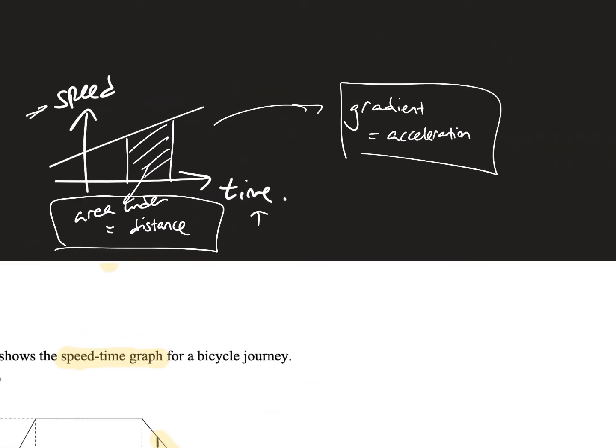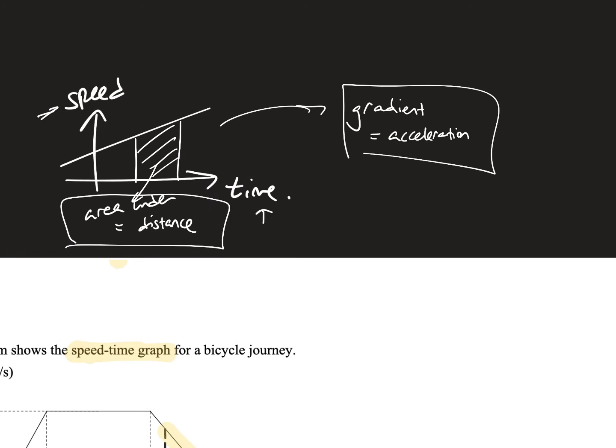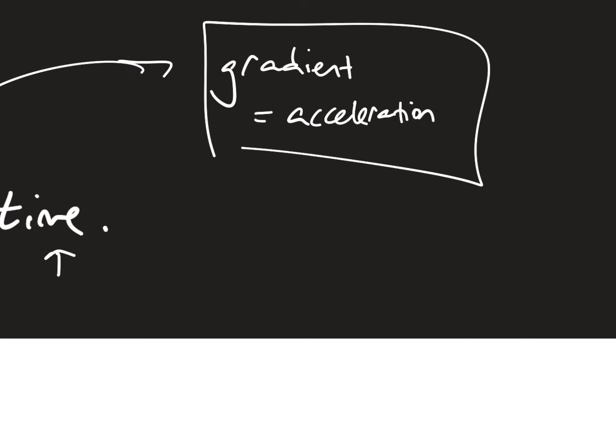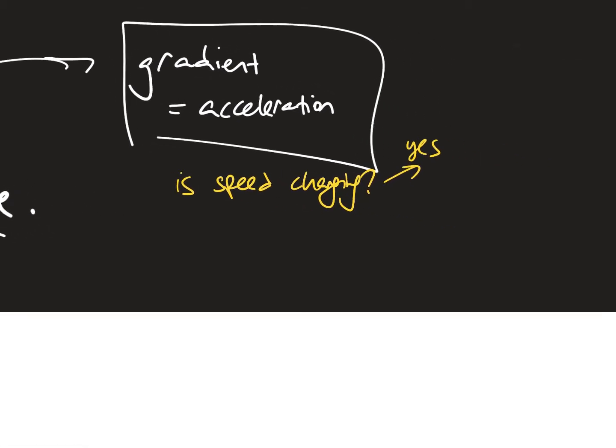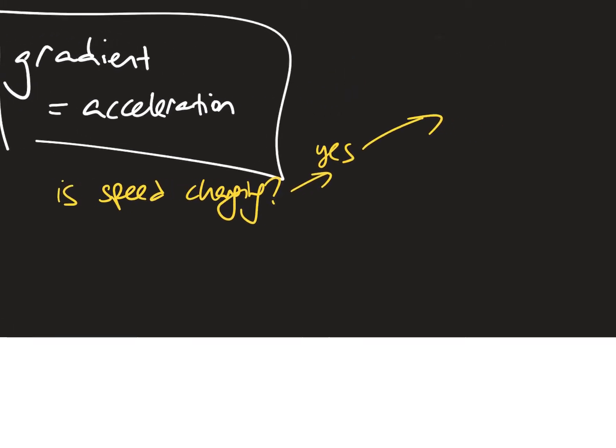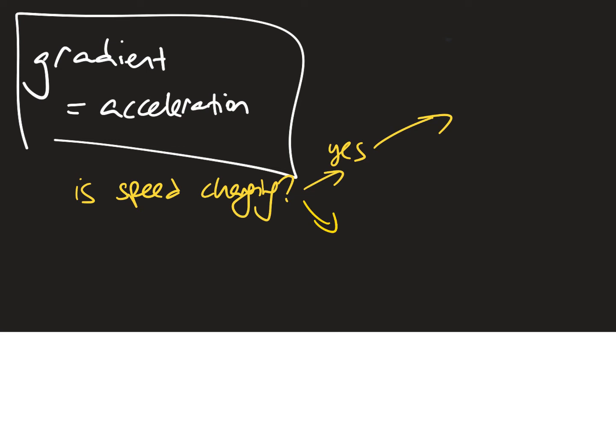What am I looking for? It's the gradient. Maybe it would help to put in simple terms, because there's deceleration, acceleration, what's the difference? Just think of it this way. Ask yourself, is speed changing? If the answer is no, then acceleration must be 0.